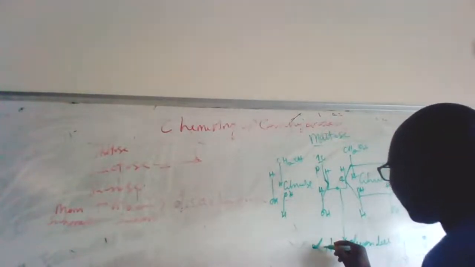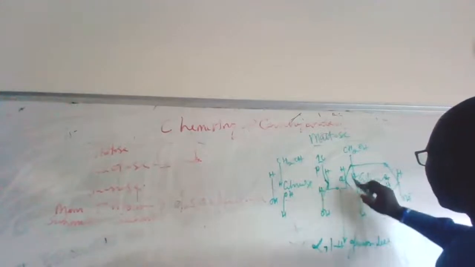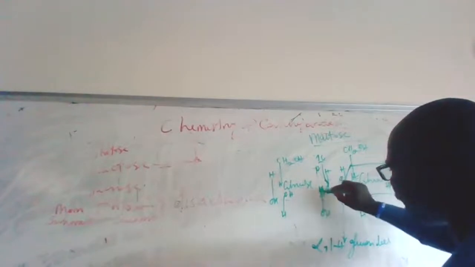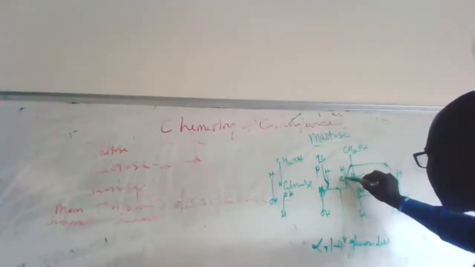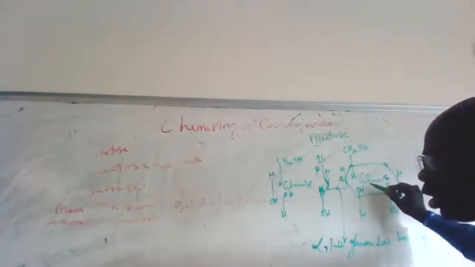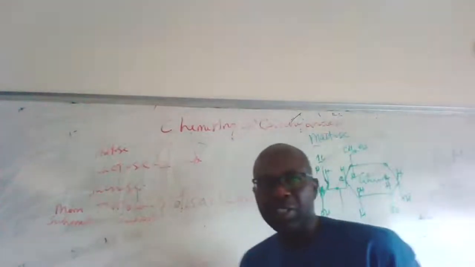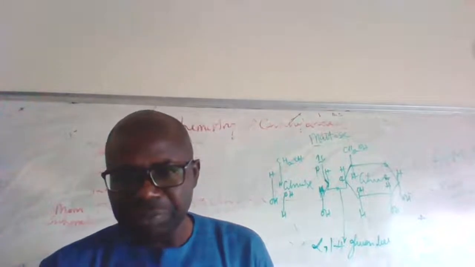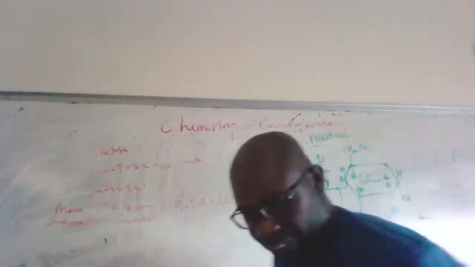So the linkage is formed at alpha 1 because of the position of the hydrogen and the hydroxyl group, at position 4 of the other glucose, making an alpha 1,4 linkage. That's basically how each of these glycosidic bonds exists.